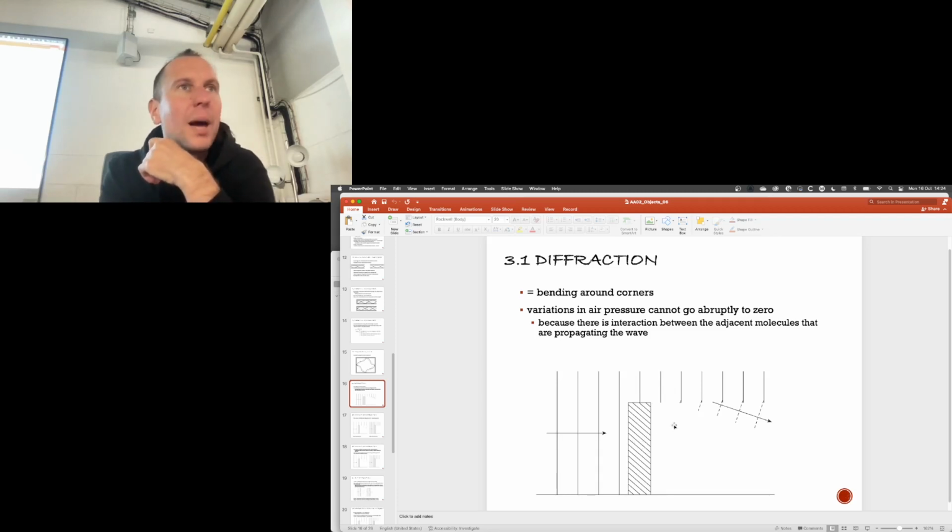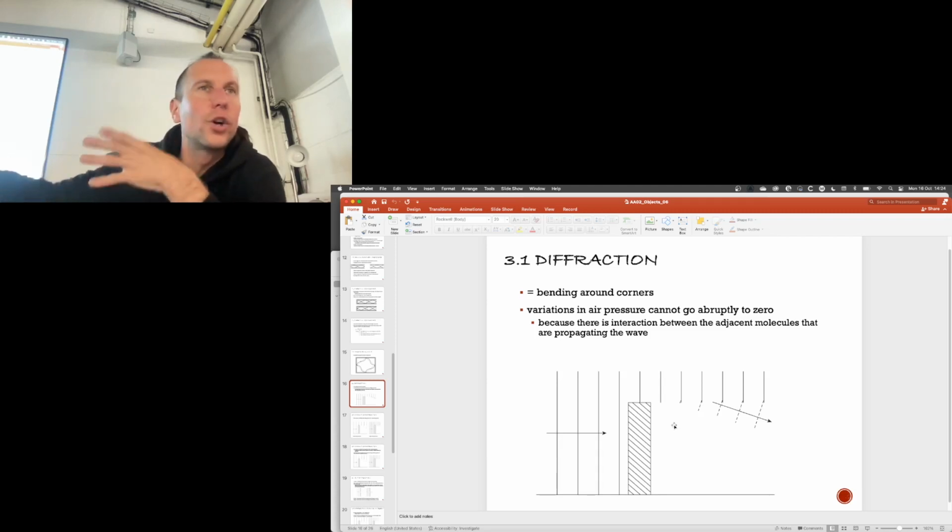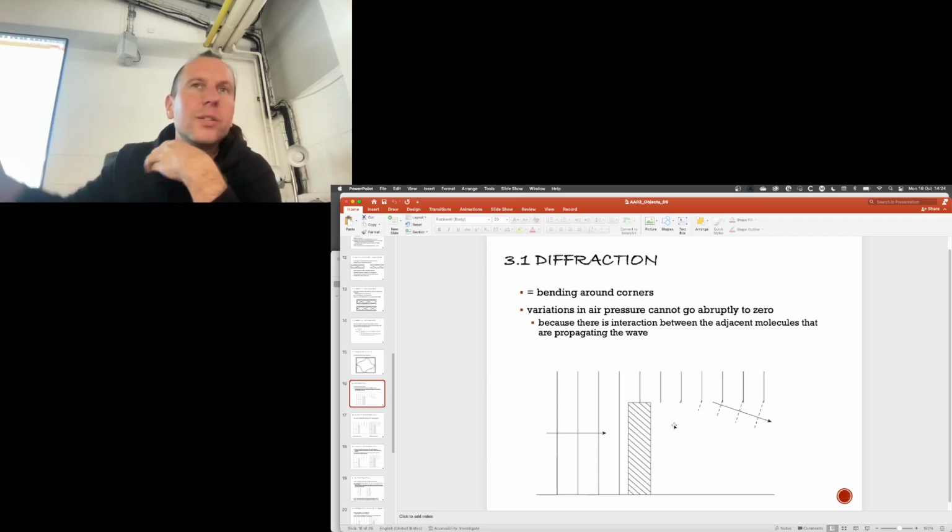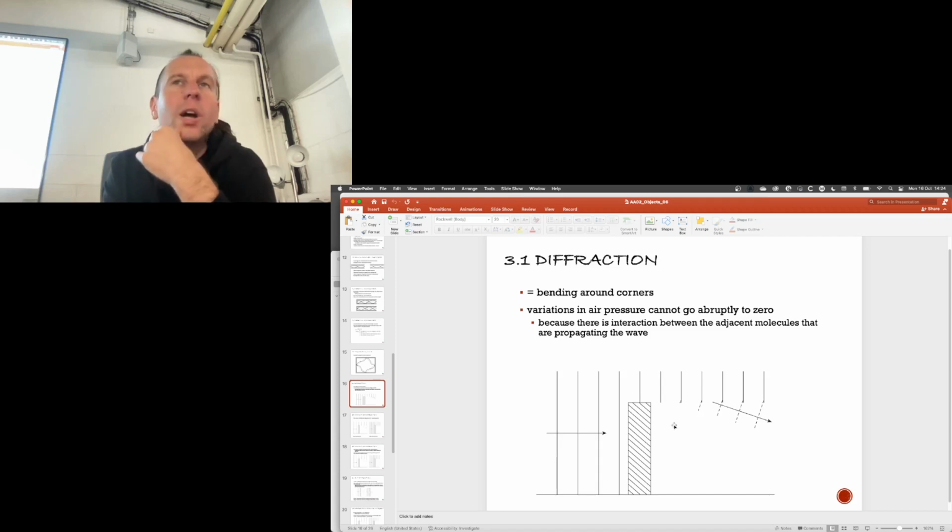So if something happens at an octave above, the same thing will happen for an object twice as small. Okay? So an octave is a twofold increase in frequency, right? And therefore half the wavelength, right?